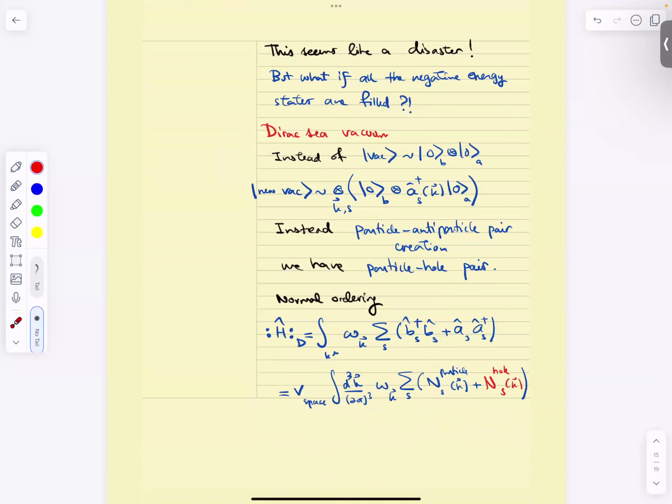This seems like a disaster, but then he had a genius idea. He said, what if I'm in a state where all the negative energy states are full? It's a choice. When we talk about the states of harmonic oscillators, we picked the state that was killed by all the A's, so that there are zero particles. He said, all right, I'm going to pick a state where all the antiparticles that I could ever create are already created, because I can only create one of each.